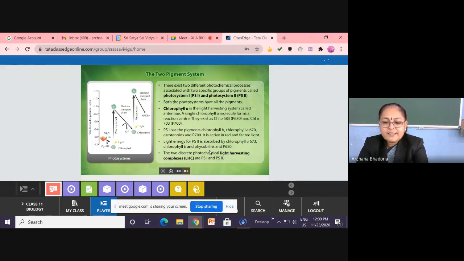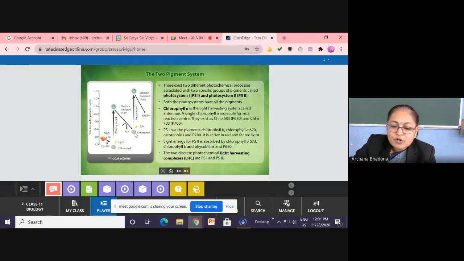Is it clear? What is the work of pigment molecules in the reaction centers? They will absorb the light quanta, get excited and release electrons. Now quickly see the diagram. Chlorophyll absorbs the light, then you see the arrow going; photosystem 2 releases electrons, and these electrons are used in ATP formation.